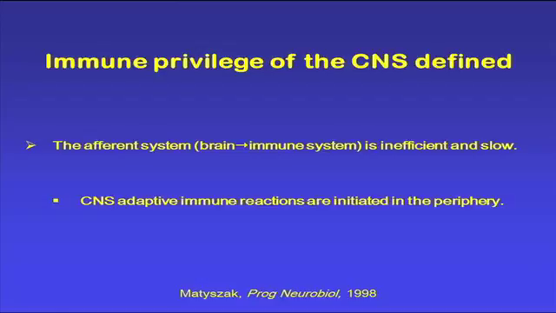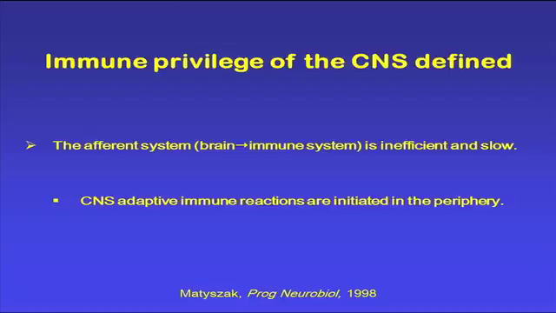The implication is that if there is an adaptive immune reaction in the brain, meaning a reaction that involves T cells and B cells, therefore part of adaptive immunity, this reaction must have been initiated in the periphery. The brain cannot initiate its own T cell mediated immune reactions. That is the definition of immune privilege of the CNS.